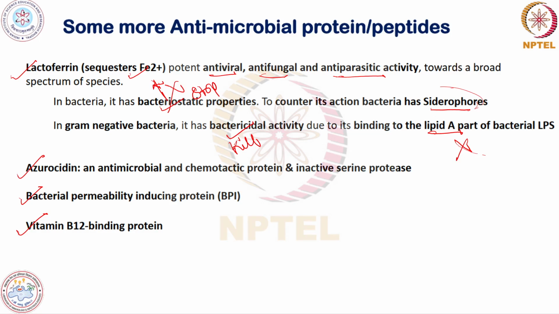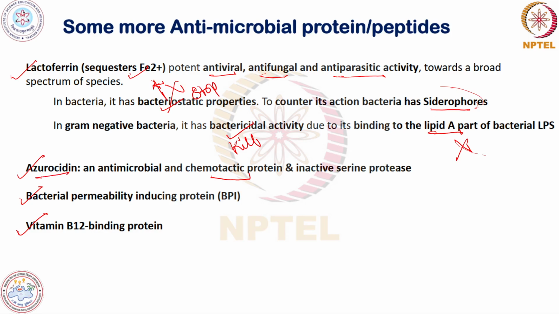So the next one is azurocidin. It works as both an antimicrobial peptide and a chemotactic protein because it helps in attracting the immune cells, that is the neutrophils, to the infection site.